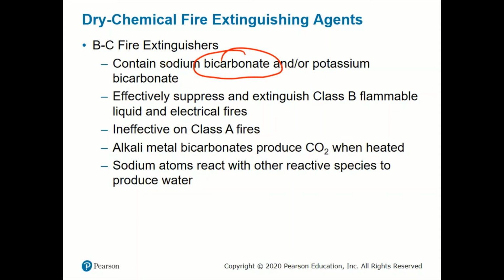Ruins your food, but if it was engulfed in flame, it was doing it already. So that's a scenario where you can use what's in your kitchen, or what should be in your kitchen already, to take care of small issues like that.